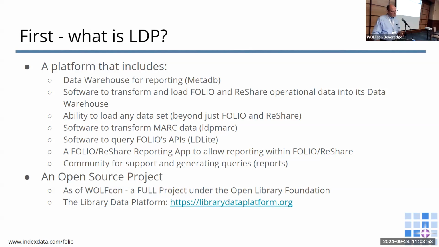Those are sort of custom intelligent transformations, mapping data from both FOLIO and reshare in its operational state, different databases. I have a diagram that I can point at, denormalizing it and translating it into a data store that's appropriate for reporting.